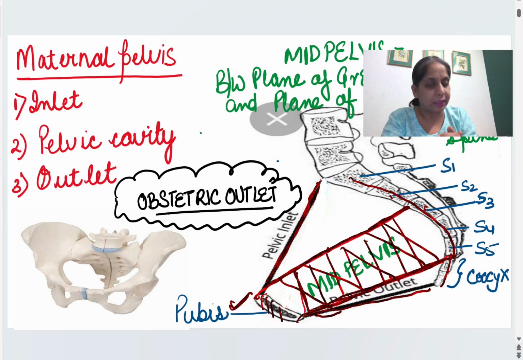Now one more I am telling you: the area between the anatomical outlet and the plane of least pelvic dimension. Let me change the pen.